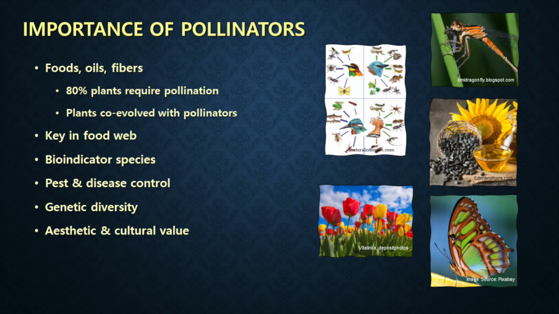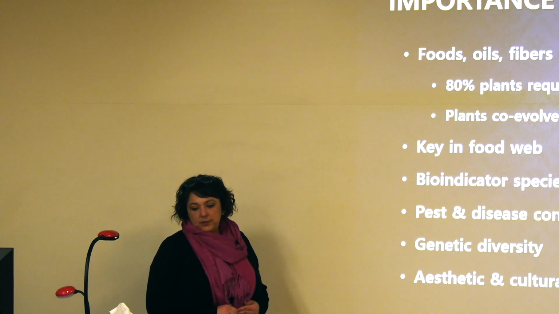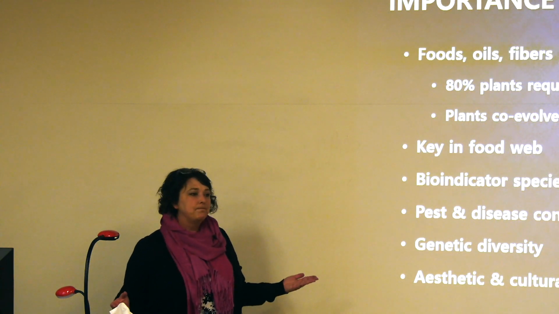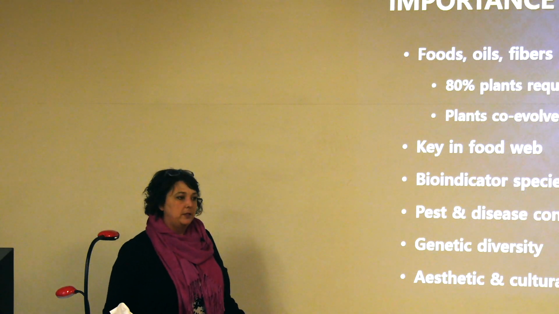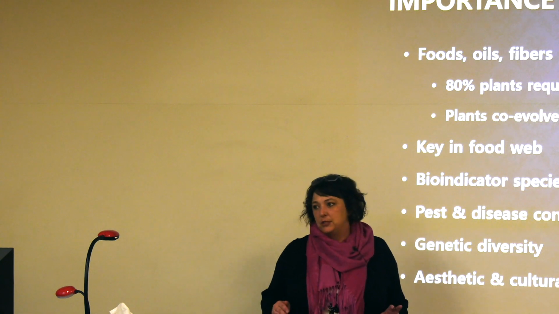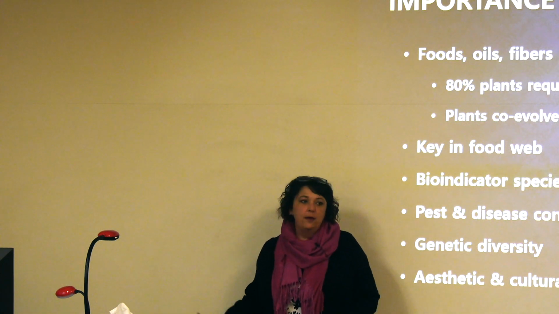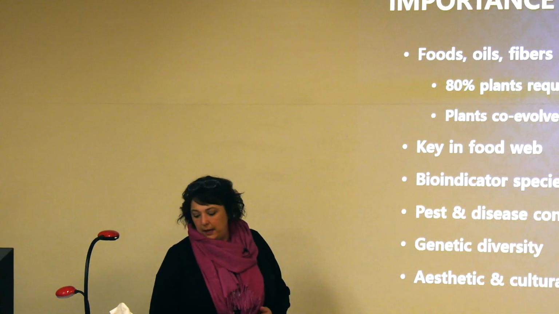The more beneficial insects you have, the healthier your ecosystem, henceforth the healthier your plants are going to be, right? So it's an A plus B equals C situation, okay? Biodiversity: the more diversity you have in an ecosystem, obviously the healthier it's going to be. The less that you have, the more able it is to crash, and then it's going to take more energy to try and bring it back up to speed.